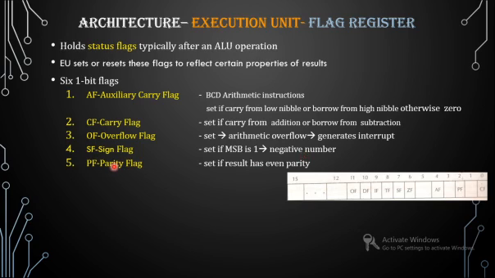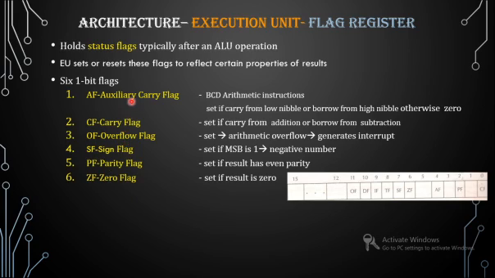That means how many ones are there. Depending on whether it is an even number of ones or an odd number of ones, the parity flag will be set. So the parity flag will be set if the result contains even parity. That will be useful for communication purposes. And the last arithmetic flag is the zero flag, and it is obvious: whenever the result becomes 0, this flag is set.